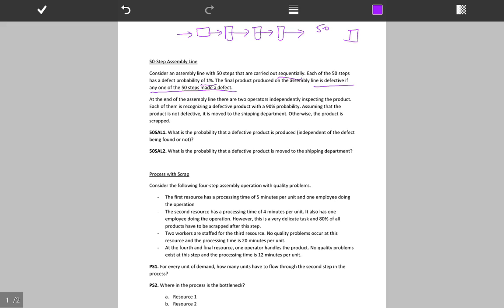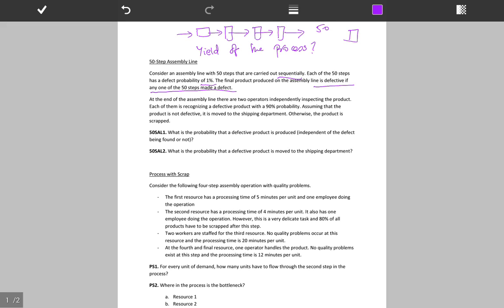That is, a product would be defective if just one step makes an error. So it's like asking the yield of the process. Yield of the process is what?